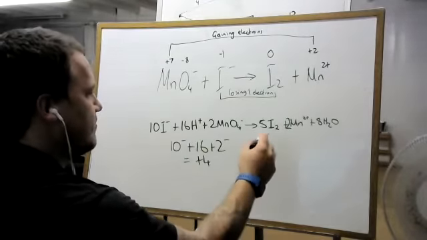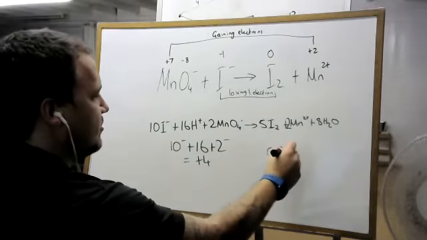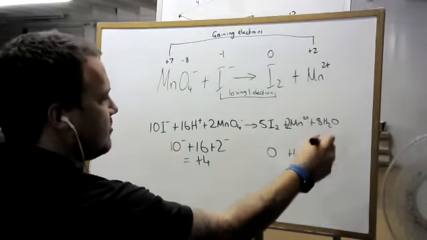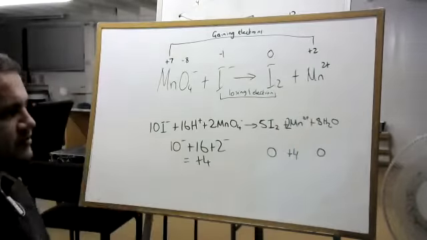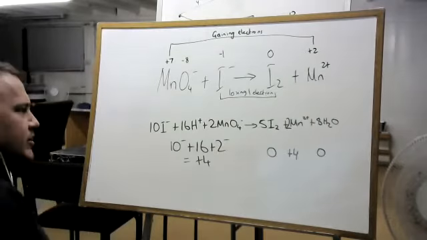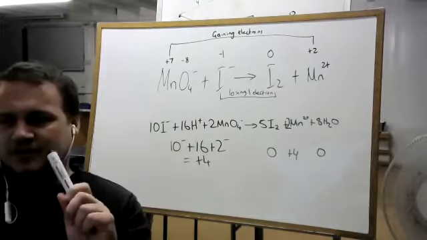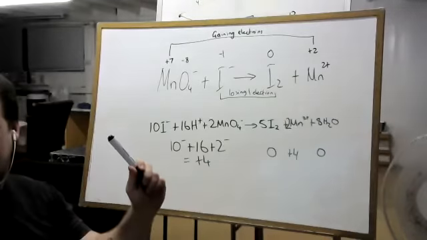Over here, 2 times plus 2 is plus 4. And we have 0 because there's no overall charge on those molecules. So we know it's balanced. We know it's balanced in an acidic solution because we have H plus.